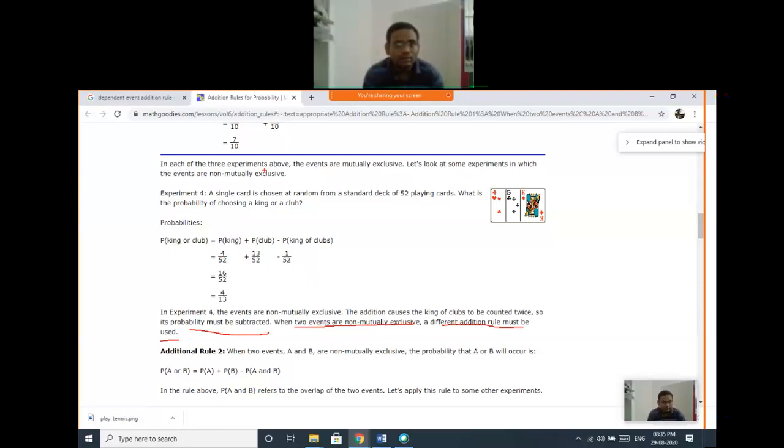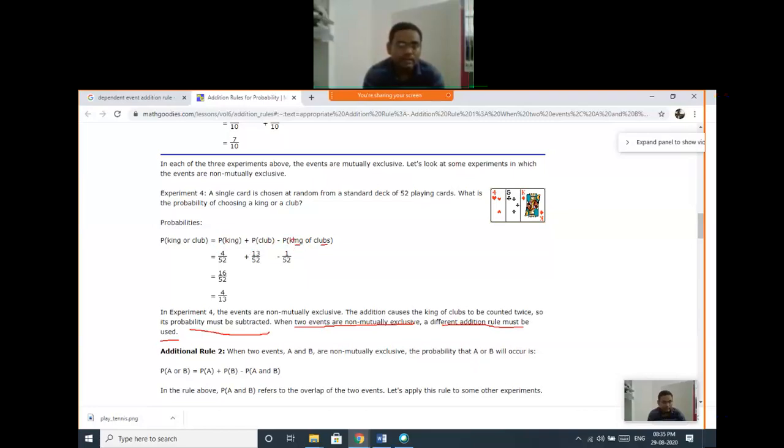So earlier we added only the two things when it is mutually exclusive. But in the case of non-mutually exclusive events, we have to subtract the common things, because a king can also come in the club group. There are four groups of cards, and in every group a king is present. So we have to subtract, because we need king as well as club.